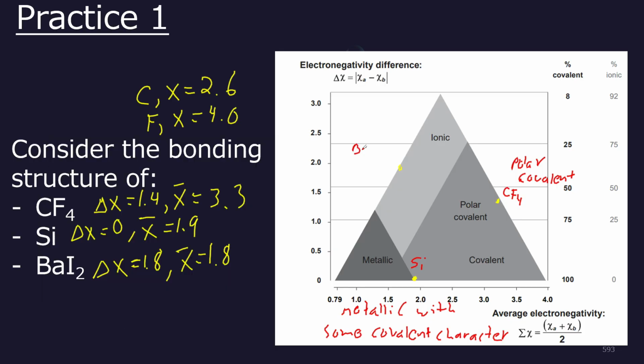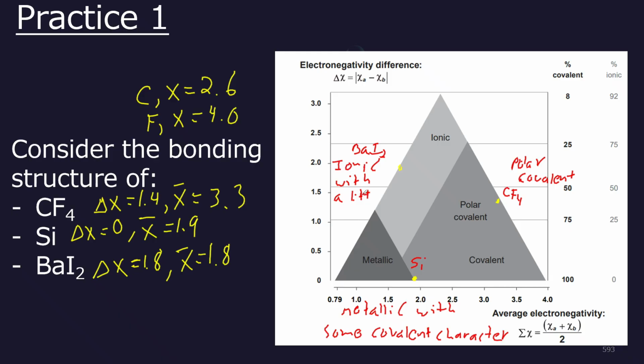For barium iodide, this is going to be ionic for sure. It's near this label. And you could say with a little metallic character, because it's closer to the left side of this triangle.